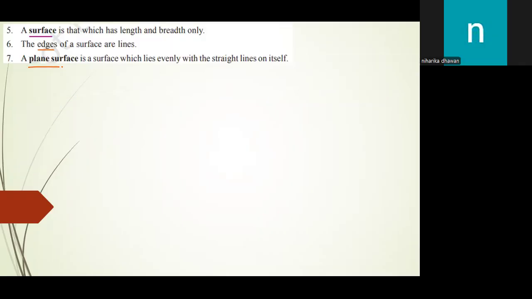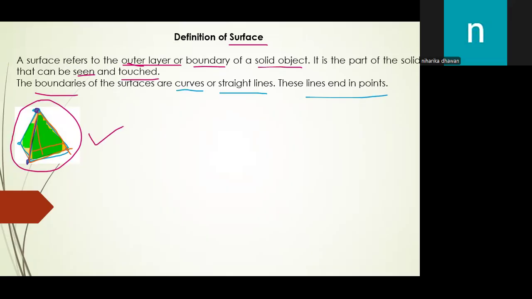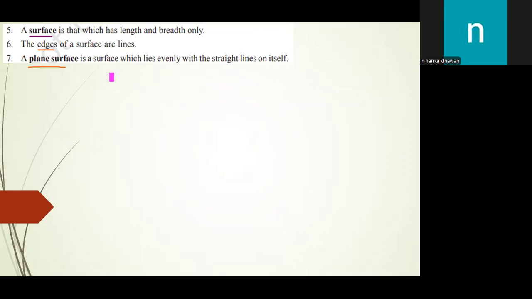A plane surface is a surface which lies evenly with straight line on itself. For example, let me take the same example again. This is a plane surface. So a plane surface is a surface which lies evenly with straight line on itself.